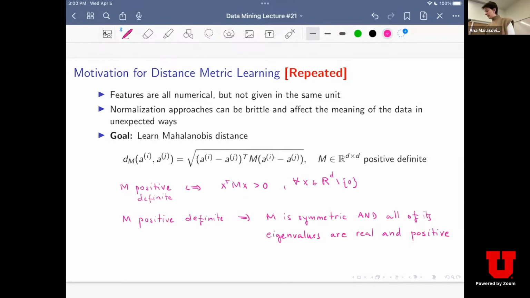All right, so if the matrix is symmetric, so M is symmetric, that means that Mij equals Mji, so it's symmetric across the diagonal.